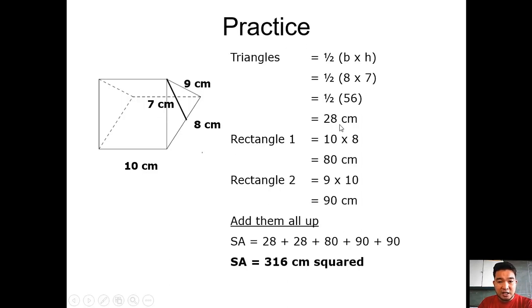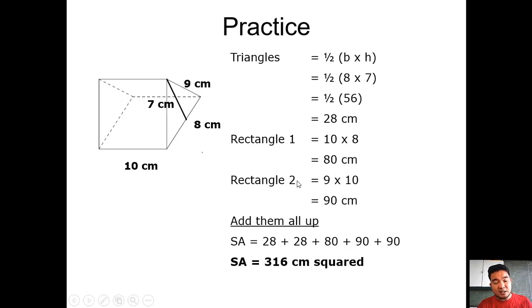Area of the triangle now is 28, and these two triangles are congruent. The first rectangle, the rectangle with 10 by 8 dimensions. So you will have 10 by 8. That is the rectangle at the bottom. Okay, so we will have 10 times 8 is 80 square centimeters.